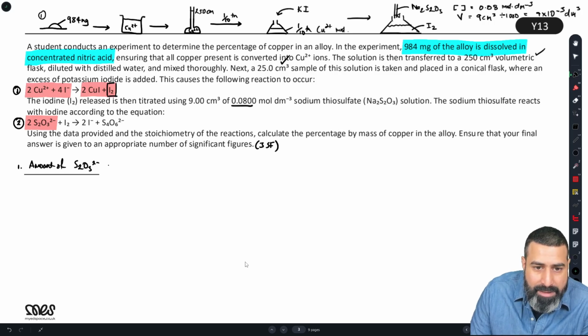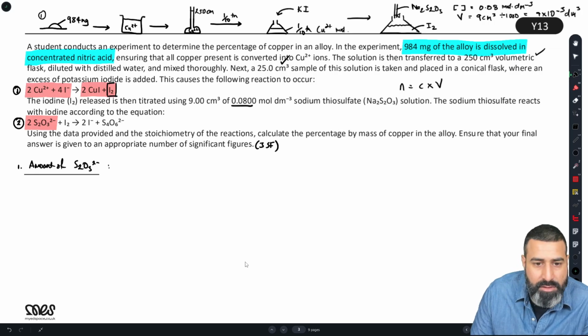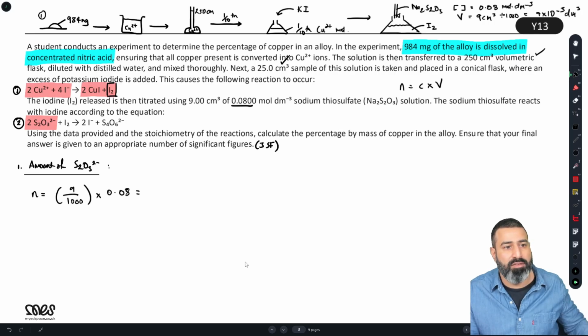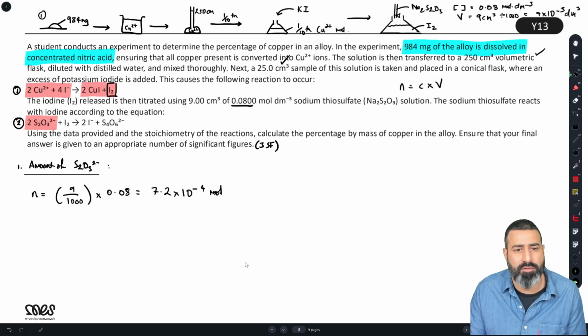So remember that n equals c times v. These are solution calculations. So the concentration is 0.08 and the volume is 9 over 1,000, multiplied by 0.08. And what does that give me? So that gives me 7.2 times 10 to the minus 4 mole of sodium thiosulfate.